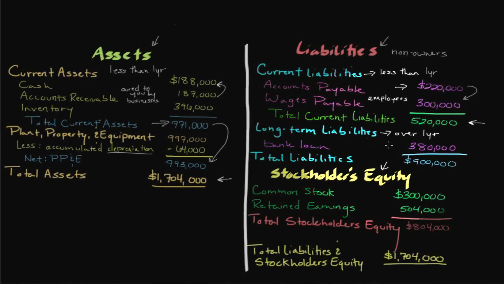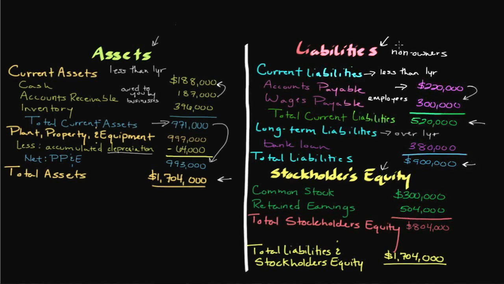So we do account for that as a liability that will come due, of course, at some point in time. Now, adding together your total current liabilities along with your long-term liabilities, you get total liabilities, which is all the money that we owe to, once again, non-owners. Now, after that, we do have to consider stockholder or owner's equity. Okay? And this is money that is owed to owners of the company.